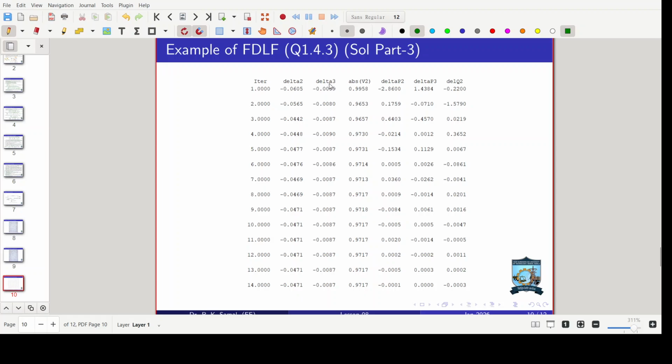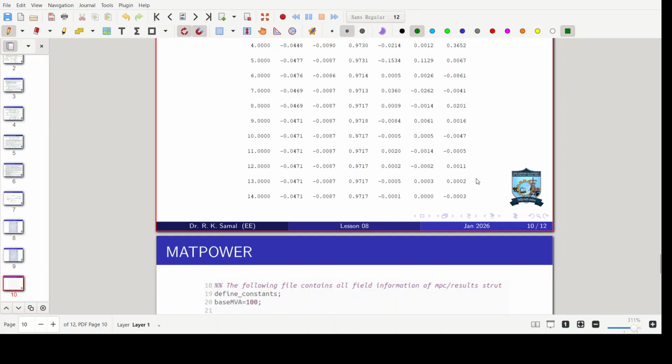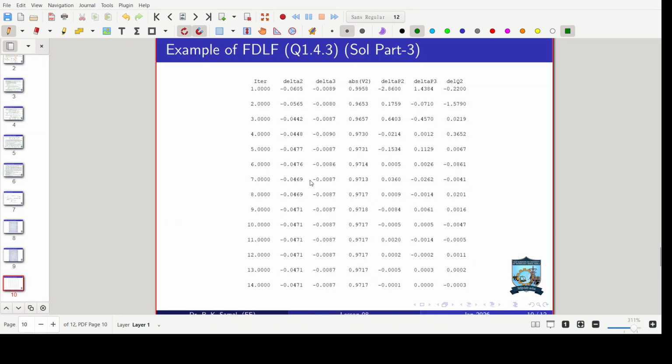Delta 1 is the slack bus, change in load angle, voltage magnitude, and V3 is not there because it's a voltage controlled bus, change in real power, and finally the change in reactive power is Q only. So this is provided.